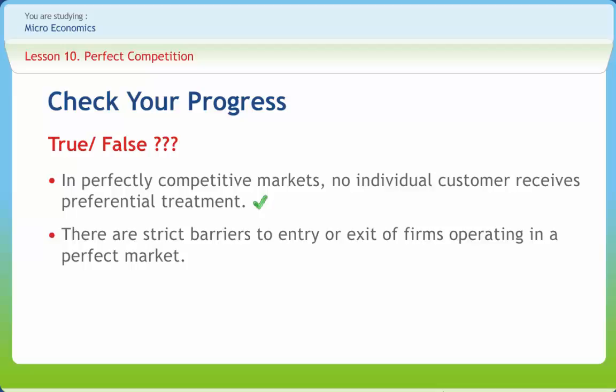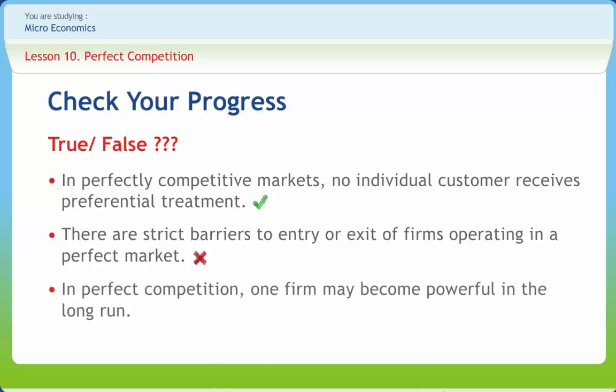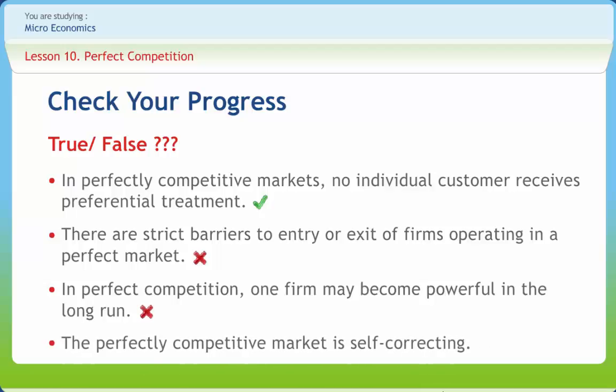Right or wrong? Wrong. In perfect competition, one firm may become powerful over the long run. Right or wrong? Wrong. The perfectly competitive market is self-correcting. Right or wrong? Right.